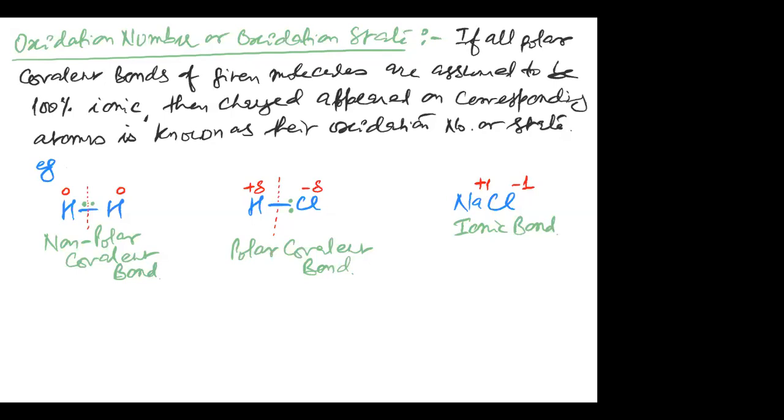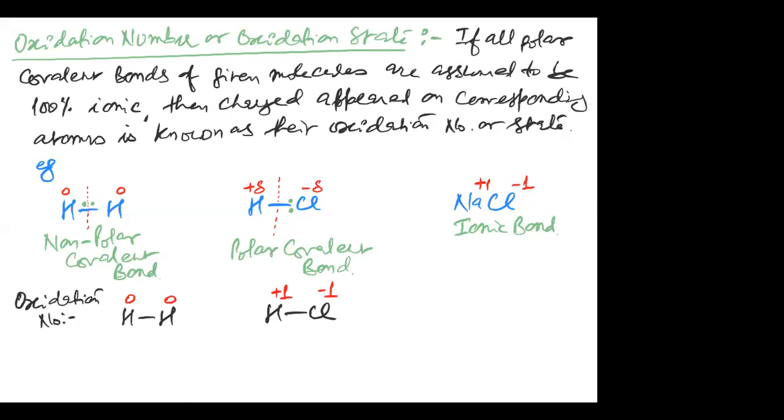As far as oxidation number is concerned, in the case of a non-polar covalent bond, as no charge is going to appear on either hydrogen atom, the oxidation number of both hydrogen atoms is going to be 0 and 0. In the case of HCl, hydrogen is partially electron deficient and chlorine is partially electron rich, and thus hydrogen acquires +1 and chlorine acquires -1 oxidation number.